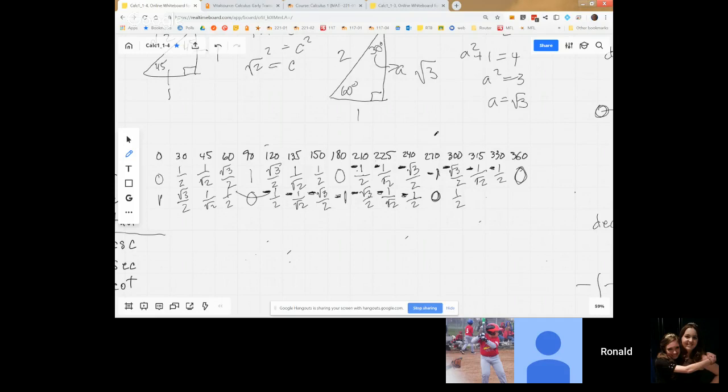And that's 1 over the square root of 2. Again, positive. 330, a 30-degree angle from the x-axis. Square root 3 over 2. And finally, 360, cosine is full width right again, so it is 1. All right.